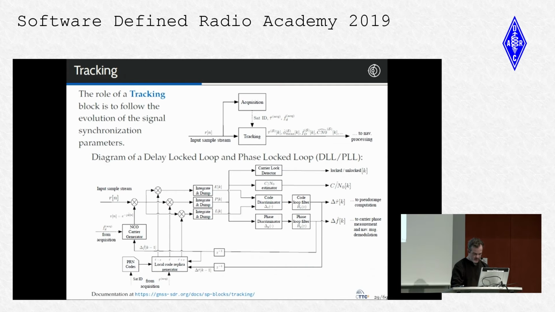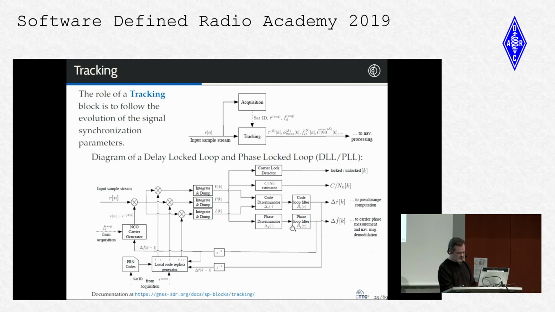So this is a diagram of what a delay lock loop and a phase lock loop are, which we call PLL or DLL, in which here you have the correlators. The outputs of them are the early, prompt, and late samples that I was referring to before. And then we have some functions that we call discriminators that compute the error we are committing at that instant.